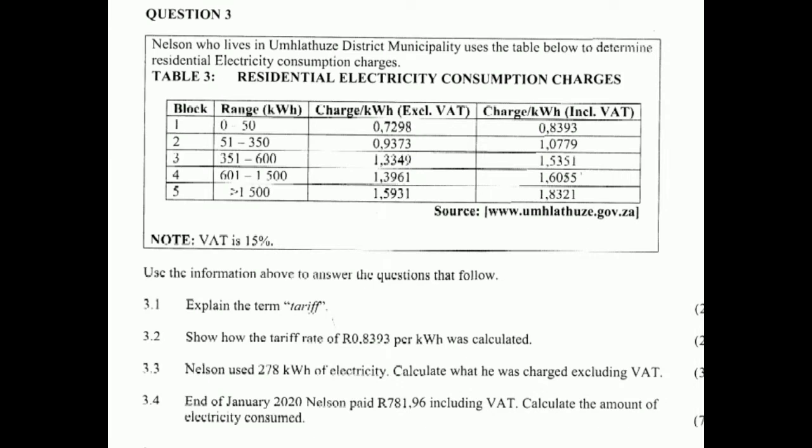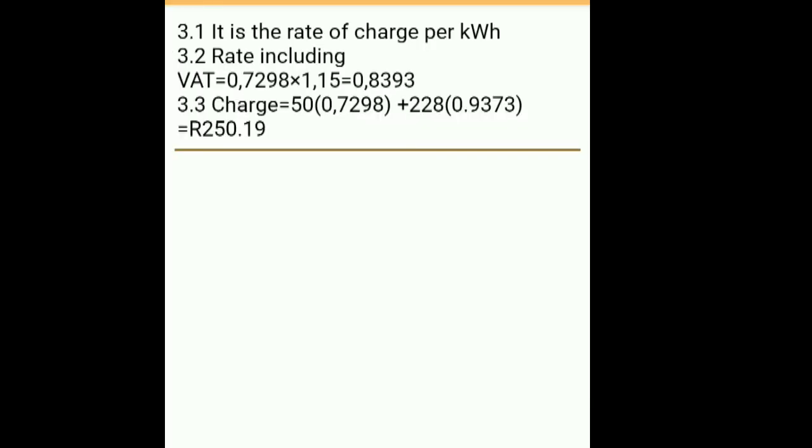As it says here, 0 to 50 kilowatts, the charge is 0.7298. This is the charge when you use 50 kilowatts, excluding VAT, by the way. As the question says, excluding VAT. You can see there at block 1, it says excluding VAT. We are using the one that says excluding VAT.